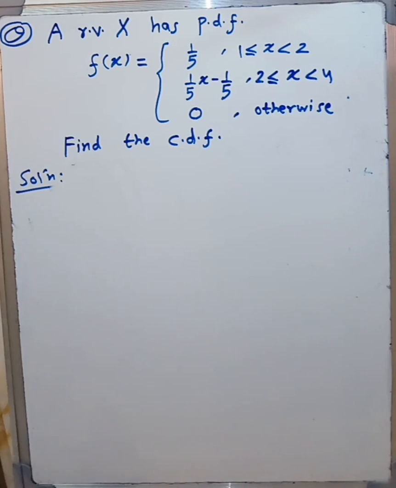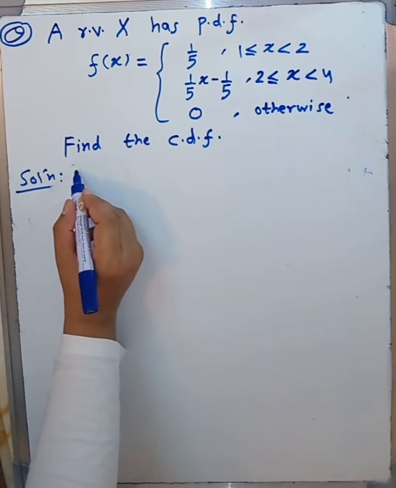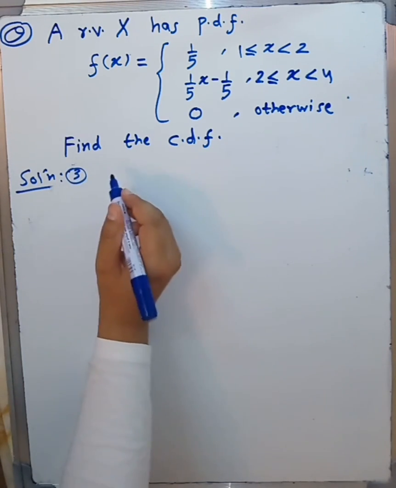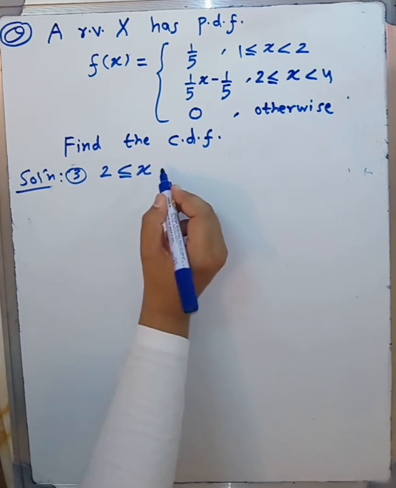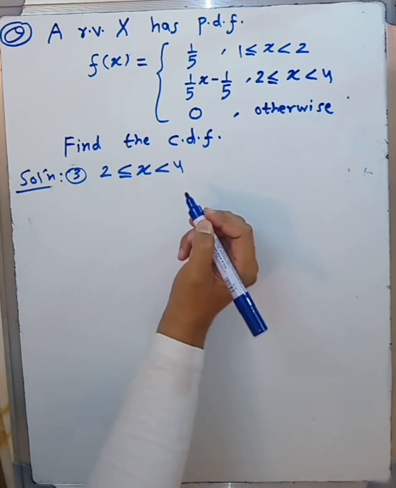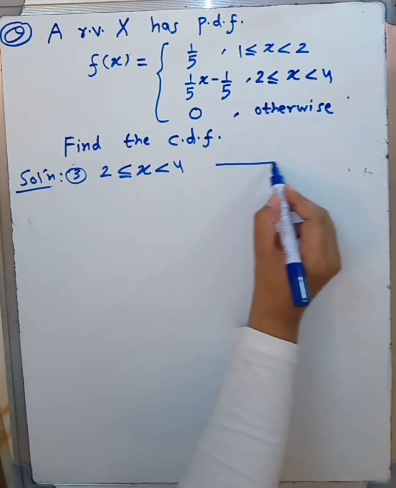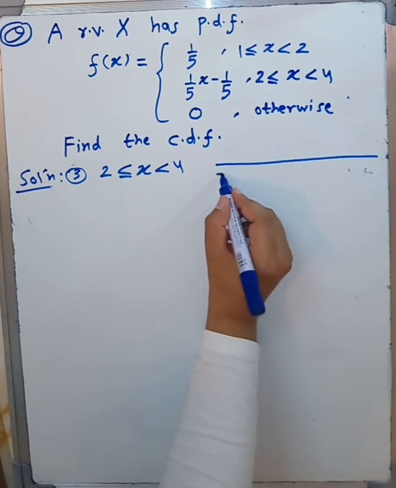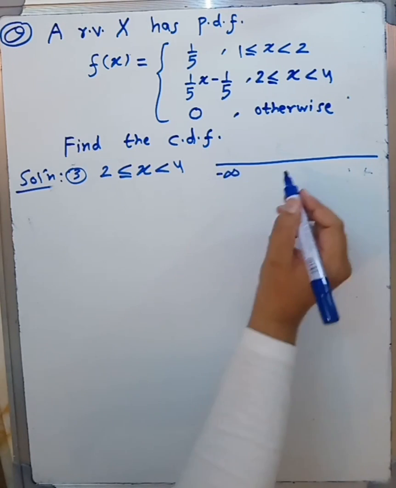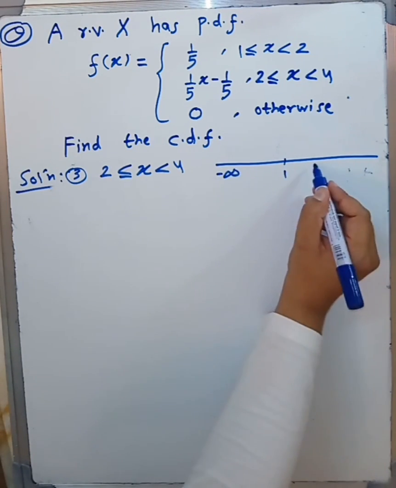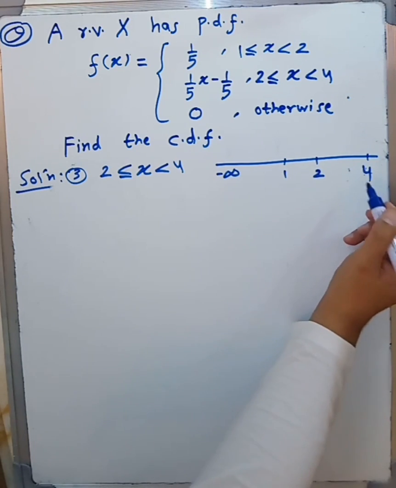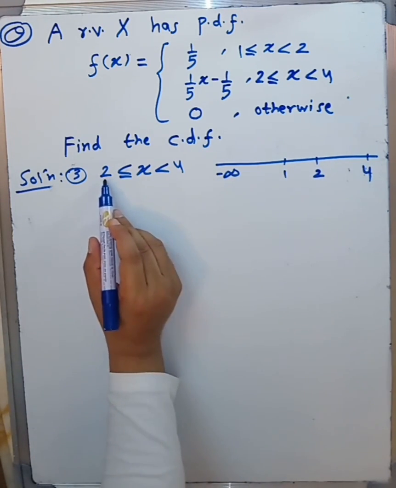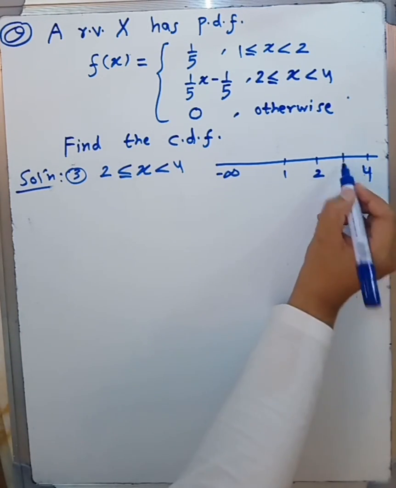Now let's go to the third piece. When x is between 2 and 4, to visualize we will draw the number line. Minus infinity to 1, then 2 and then 4, and x is somewhere between 2 and 4.